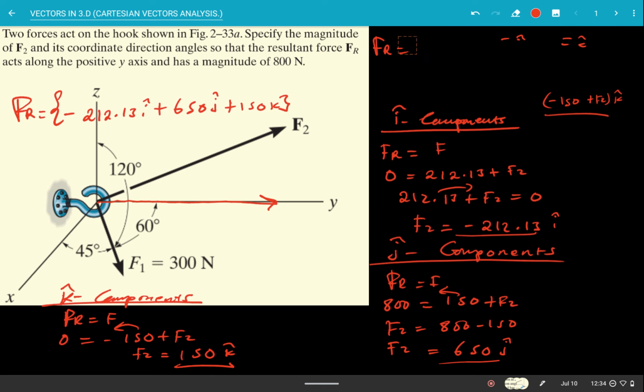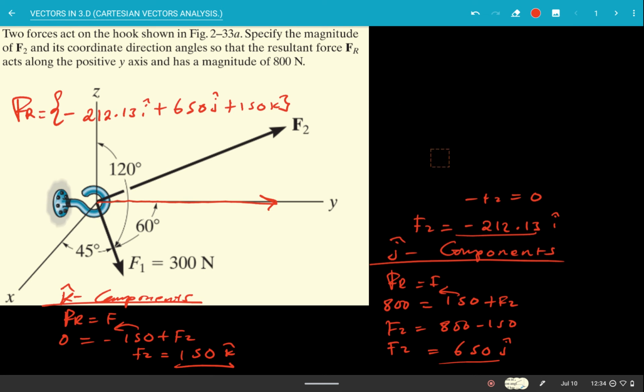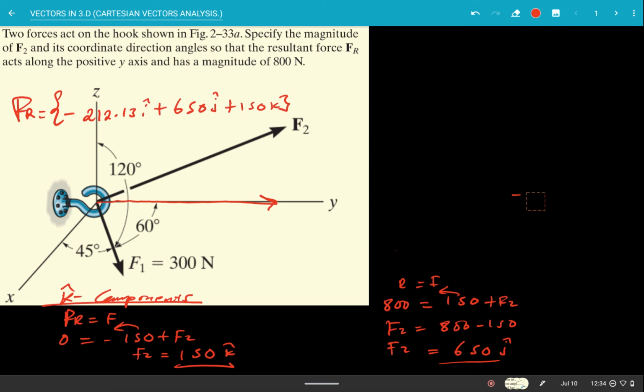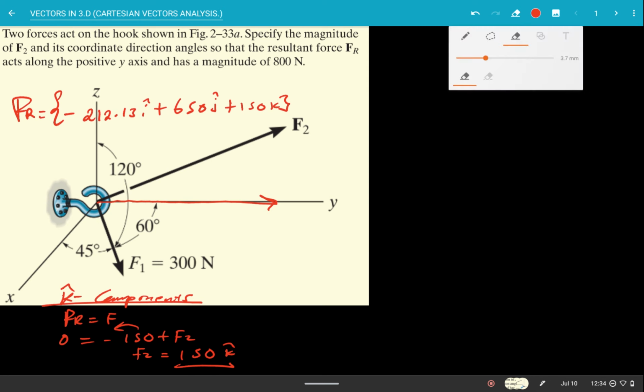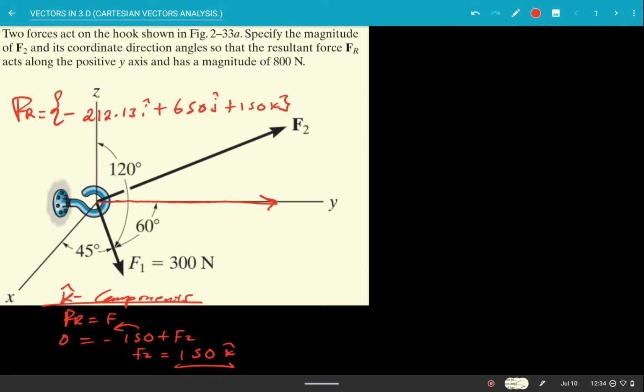As you can see, we have it expressed as Cartesian. So let me erase this. I just want to write it somewhere so that we can see it neatly. So since our first resultant is minus 212.13 in the I, then plus 650 in the J, plus 150 in the K. So that's what we're having there.